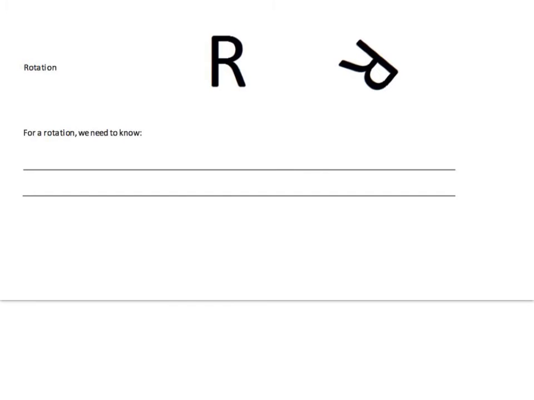Okay, our first example, rotation. Using this figure, identify specific information needed to perform the rigid motion shown.